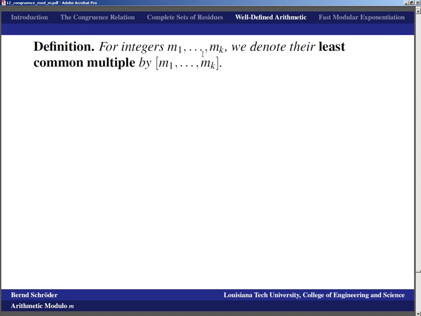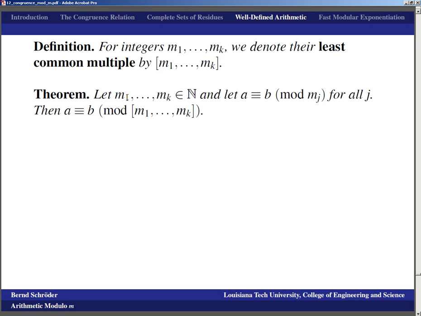And well, we just keep building lemmas actually. So for integers m1 through mk, we denote their least common multiple by bracket m1 through mk. And if you have m1 through mk that all act as moduli, and if a is equivalent to b modulo mj for all j, then a is equivalent to b modulo the lowest common multiple of m1 through mk.